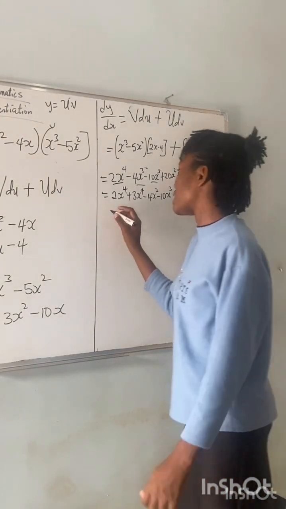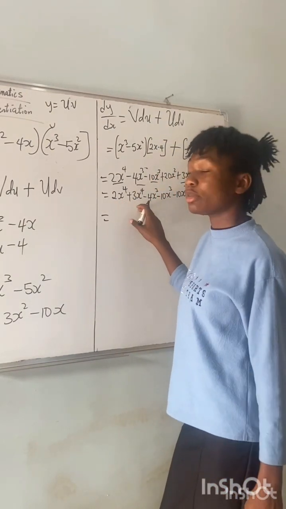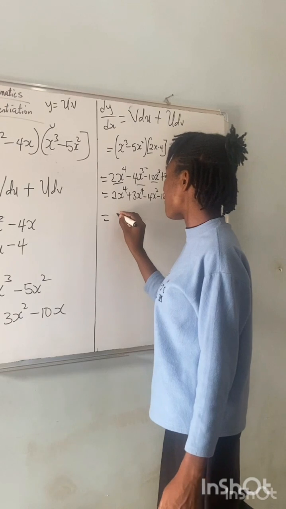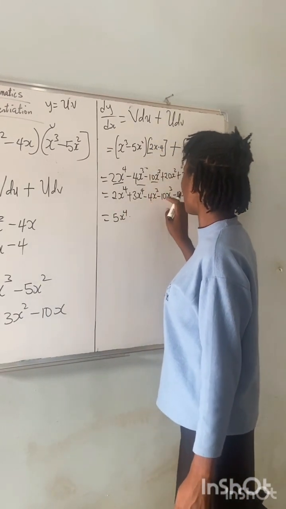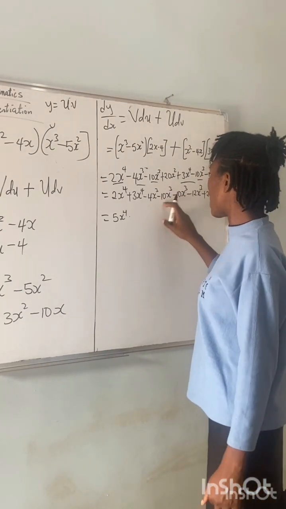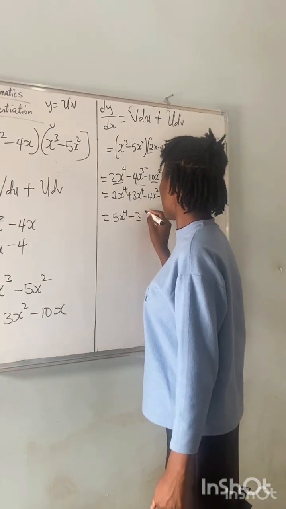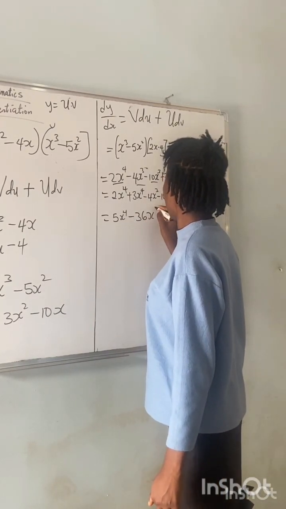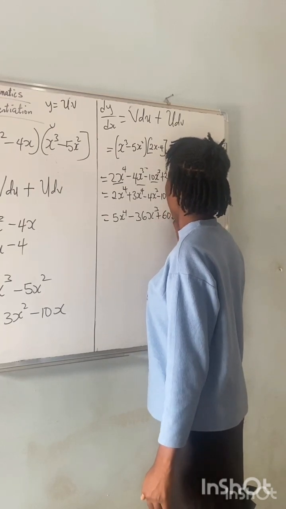So working on that, 2x raised to power 4 and 3x raised to power 4, they are like terms, right? So 2 plus 3, we have 5x raised to power 4. Now minus minus minus minus, so it's a negative. Minus 10, 10, 12, 4, we'll be having minus 36x raised to power 3, and then lastly we'll be having plus 60x squared.